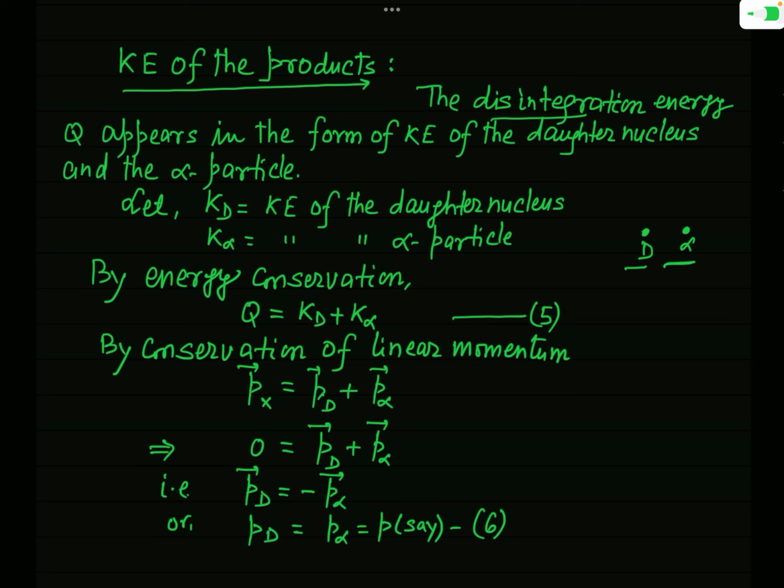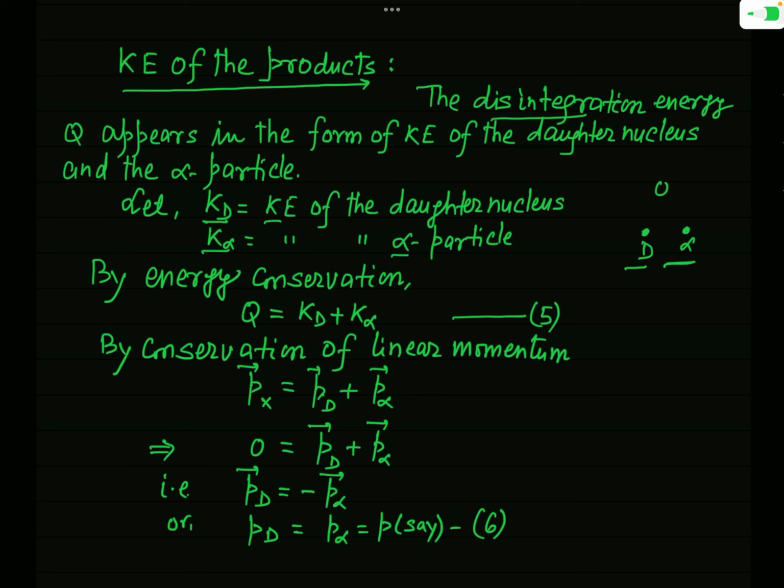So for calculating how much energy is shared by the alpha particle and daughter nucleus in the form of kinetic energy, let us consider that Kd is the kinetic energy of the daughter nucleus. It means this much energy the daughter nucleus actually gets after this disintegration process. And we also consider that K alpha is the kinetic energy of the alpha particle.